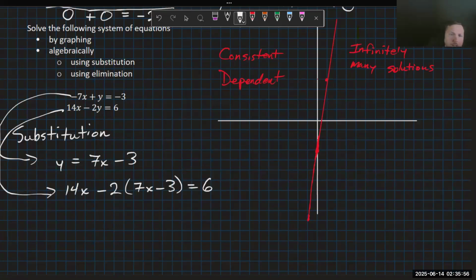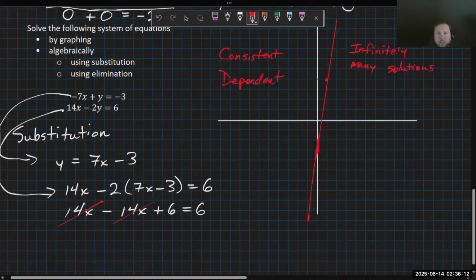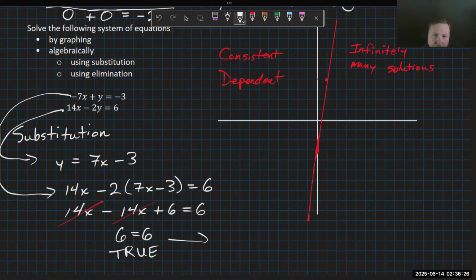So let's distribute that negative 2. So I have negative 14x plus 6 is equal to 6. We can see these 14x's cancel each other out. And then I finally end up with 6 is equal to 6, which is true, which means I have infinite solutions.